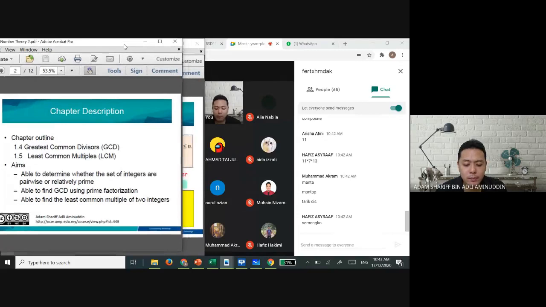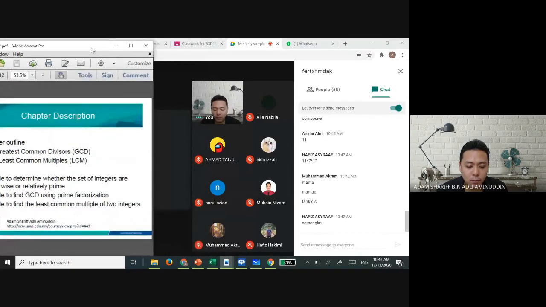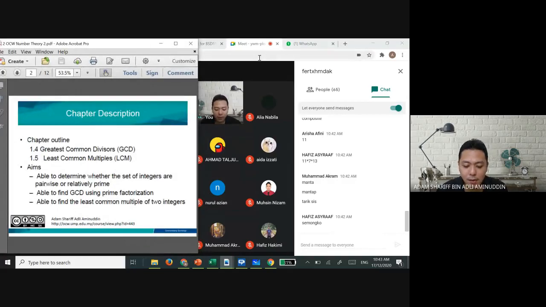Cuba makan. Esok baru ingat nak relax. Sekali ada problem lagi dengan korang.